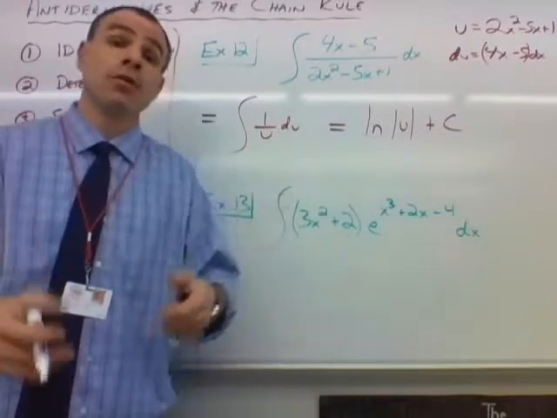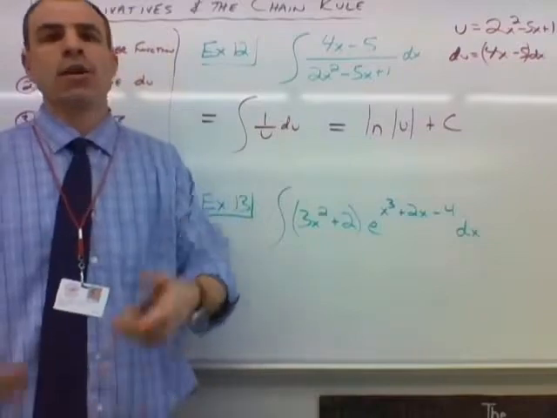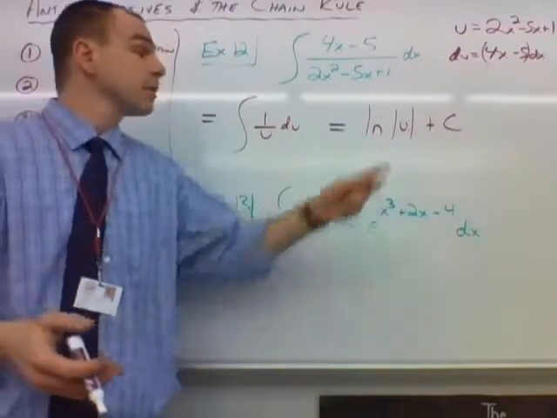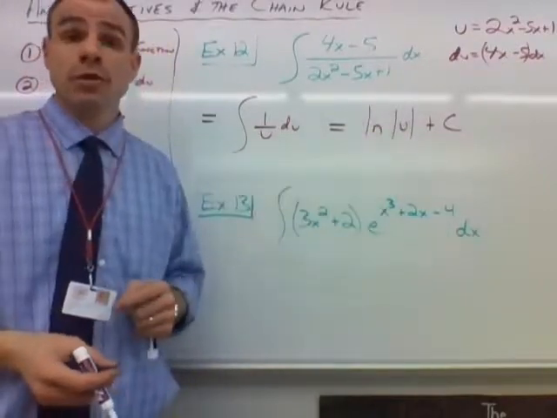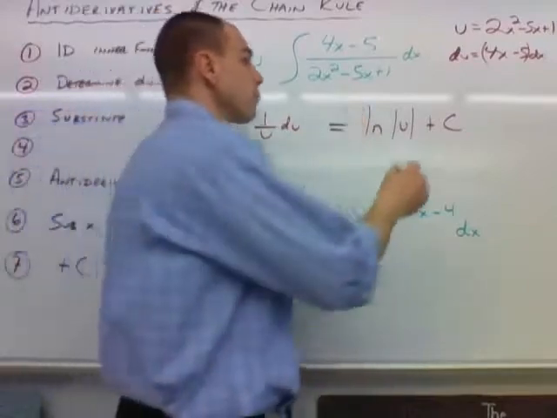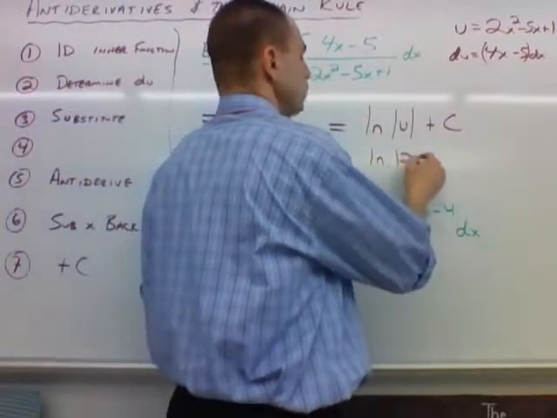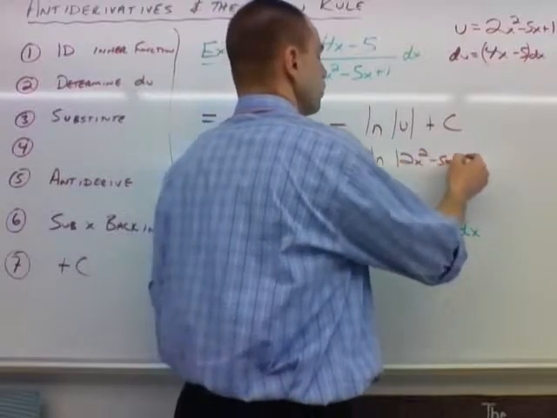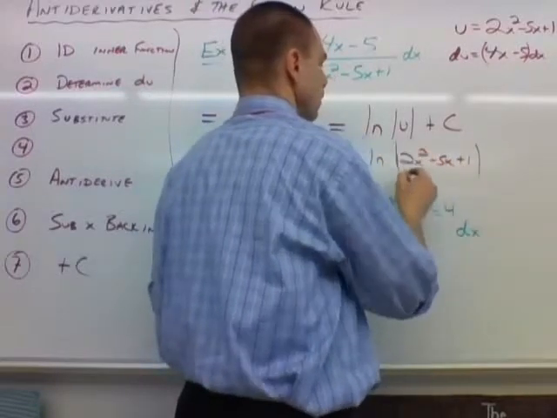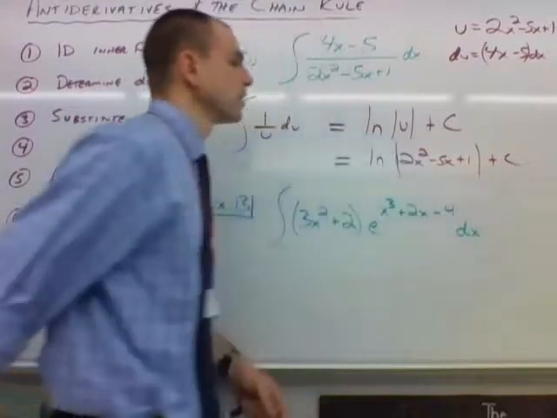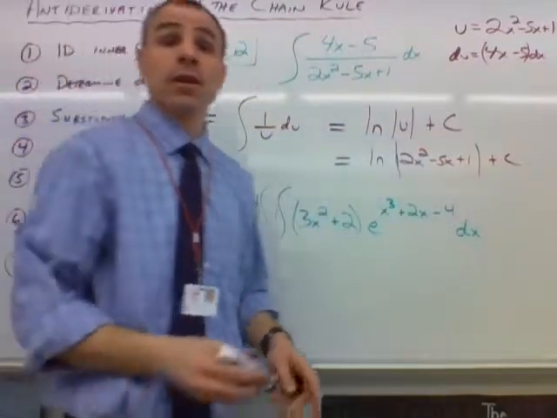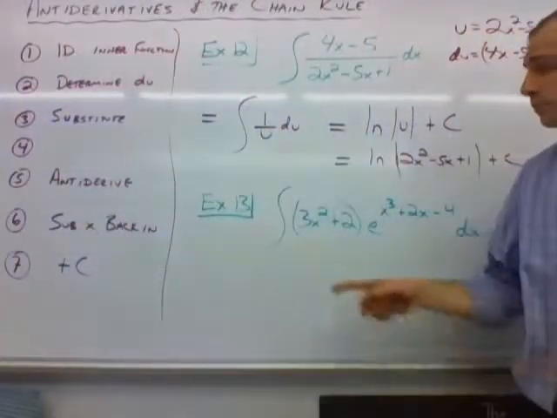Hey, we already know that antiderivative. So whether it's 1 over x, 1 over u, or 1 over something else, the antiderivative is going to be natural log. Again, final step, we're going to put u out, and we're going to put 2x squared minus 5x plus 1 back in. Make those absolute value markers a little bit larger. And there's our final answer for example number 12.